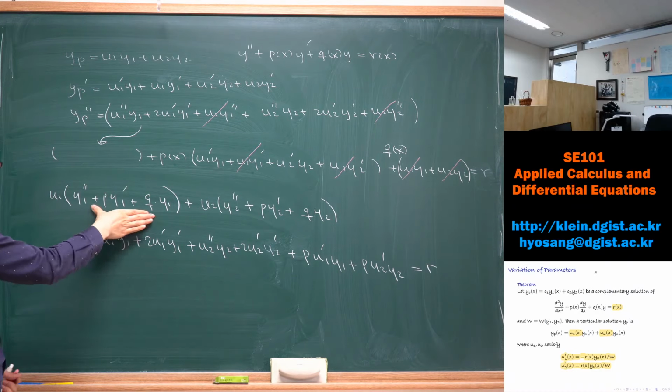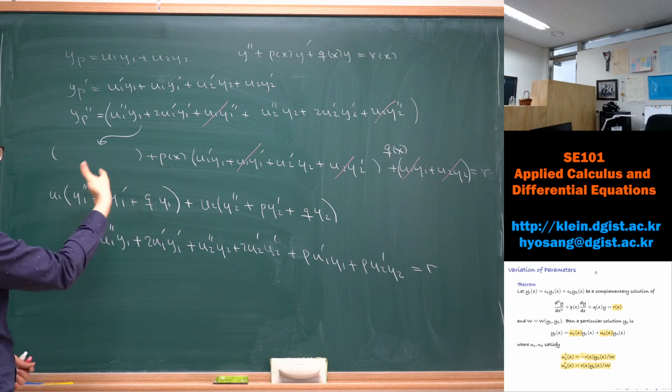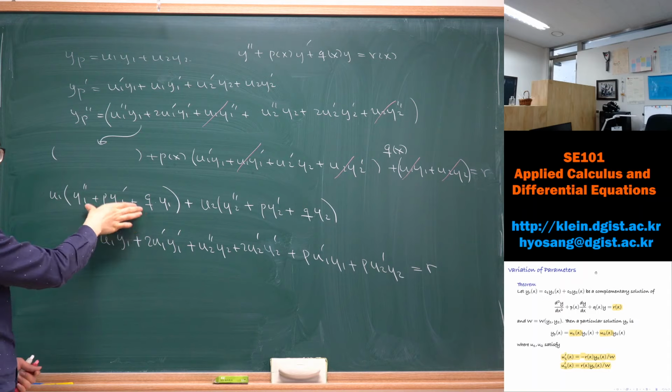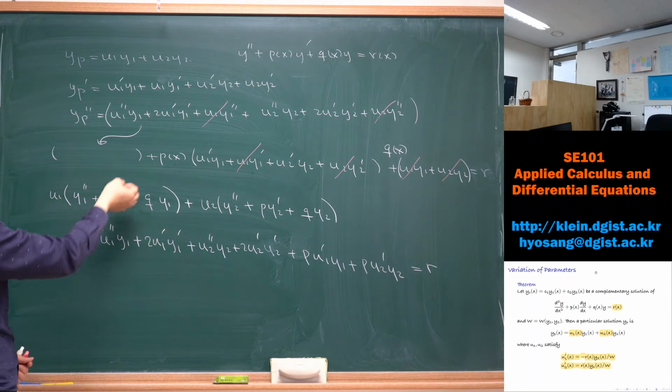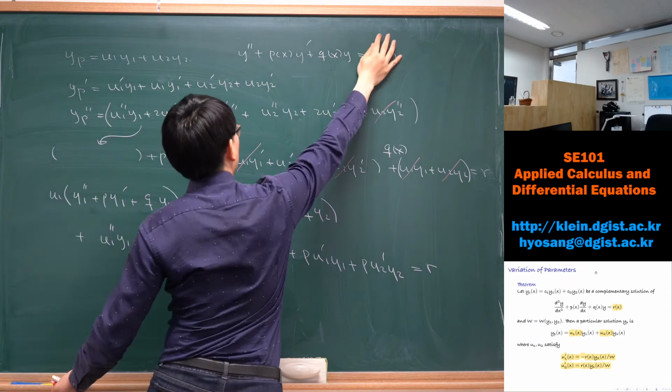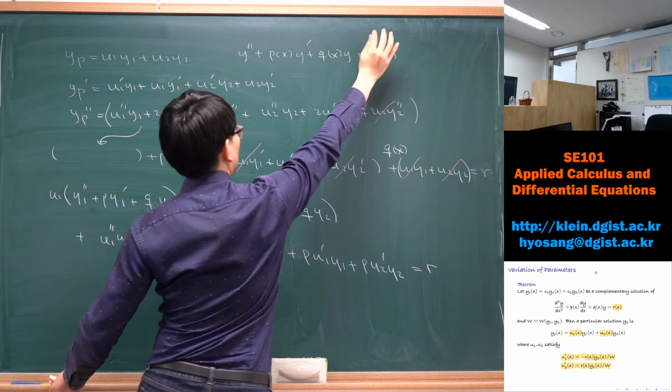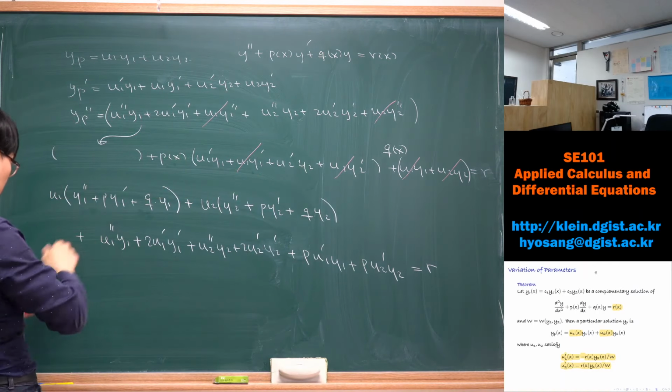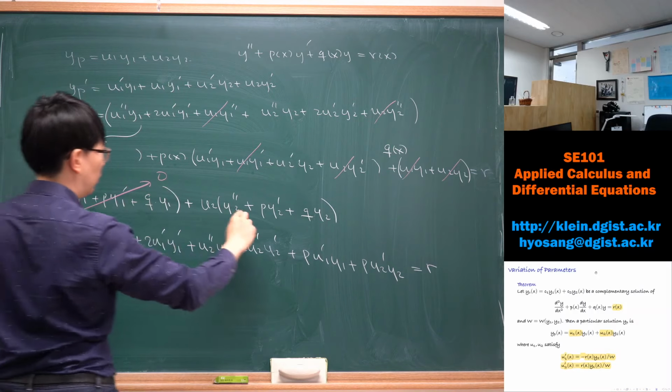But you see, the term inside the parenthesis is 0 because y1 is a fundamental solution to the homogeneous differential equation. So when r is 0, y1, y2 are solutions to this homogeneous differential equation. So these go to 0.